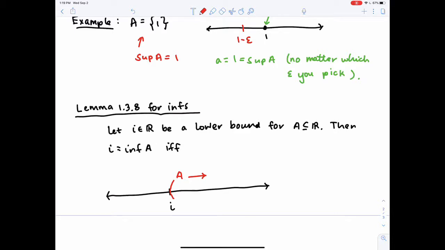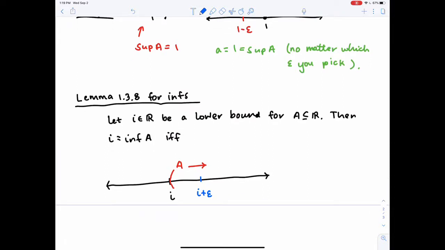What we're saying is that if you make I any bigger, it should lose the property of being a lower bound for the set. Because we're saying any number bigger than I is not a lower bound, since I is the greatest lower bound. So this is not a lower bound.